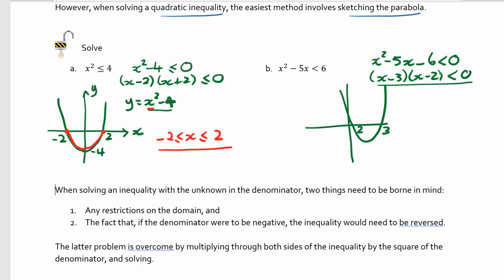It's going to be for values of x between 2 and 3. But this time, because it's a less than, it's not going to include the values 2 and 3. It's like we have open circles here, and it's just this part here. So that will be when 2 is less than x less than 3.